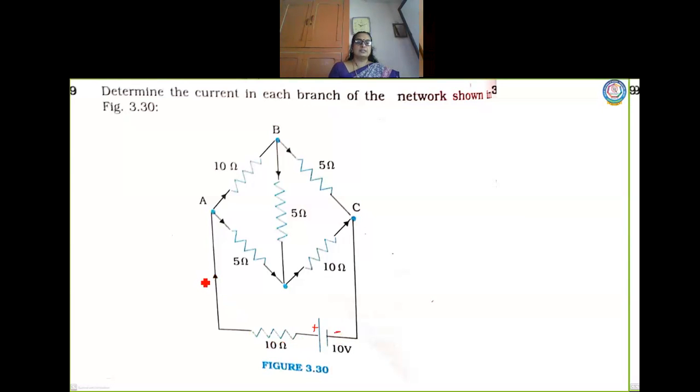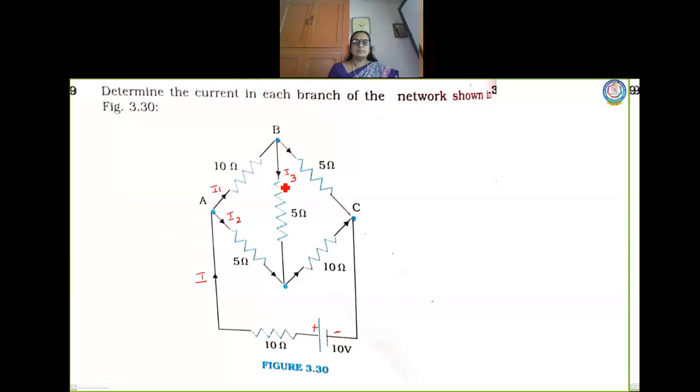Current starts from here, so let me write this as I, children. From this junction the current is getting split, so let me name this I1 and this I2. Now here again this is a junction, and here let me name the current as I3, children.